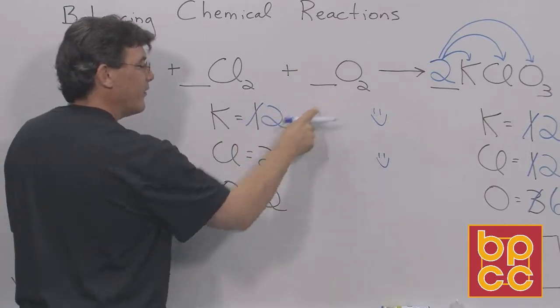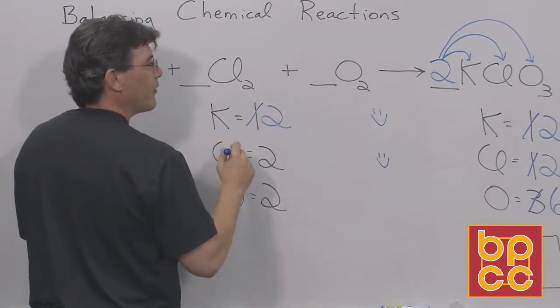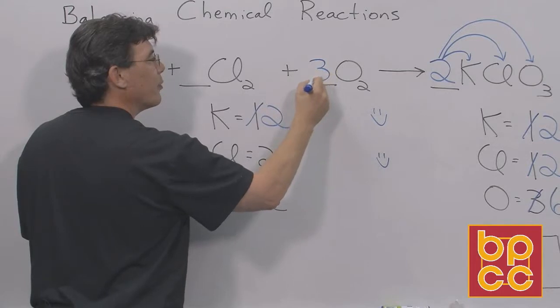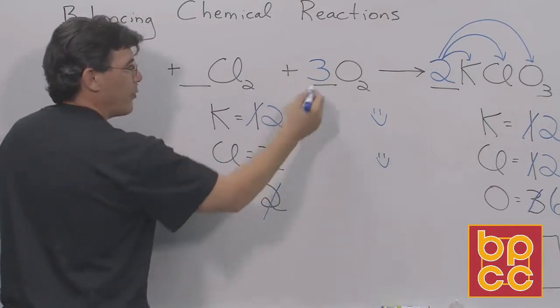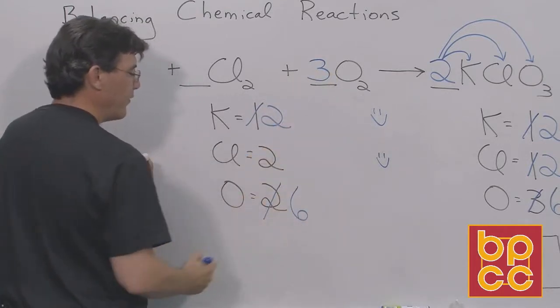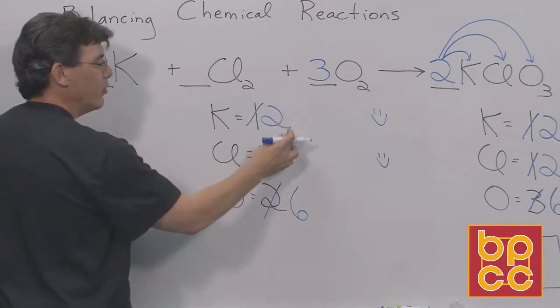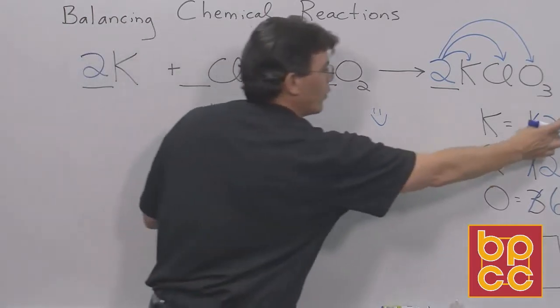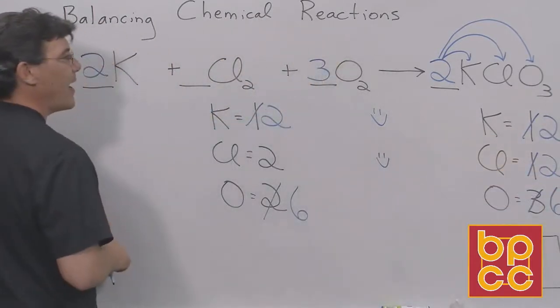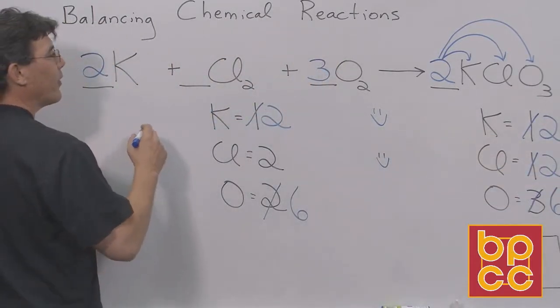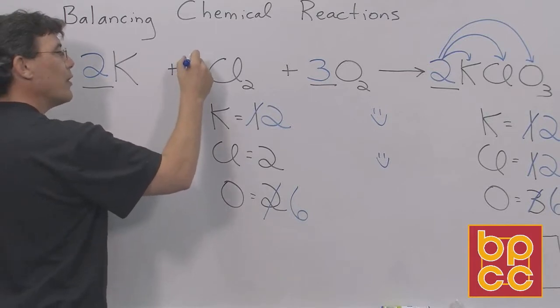So to get this side up to 6 to match the product side, all we need to do, gang, is put a 3 right there. That 3 only affects the oxygen, makes 6 oxygens on the reactant side, and now you can see we have 2, 2, 6. 2, 2, 6, the reaction is now balanced.